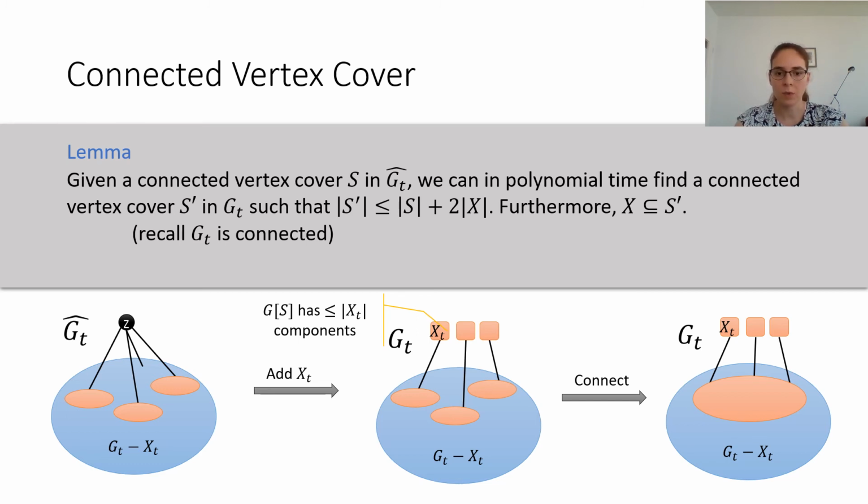What is the case is that every connected component of this vertex cover contains at least one vertex from X_t, so we have at most L+1 connected components. Then it turns out that you can efficiently merge two connected components by adding one additional vertex. If we do this L+1 times, then we've merged all connected components into a single connected component. And the proof for this is as follows.